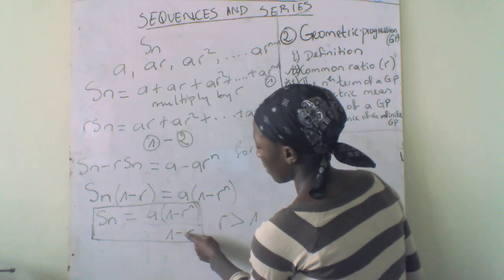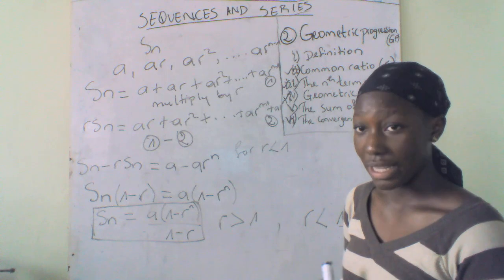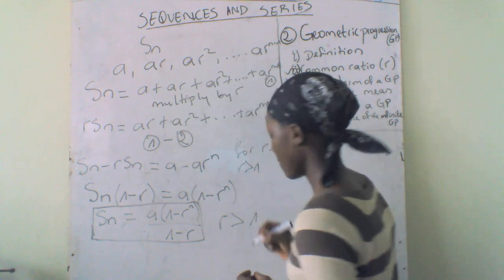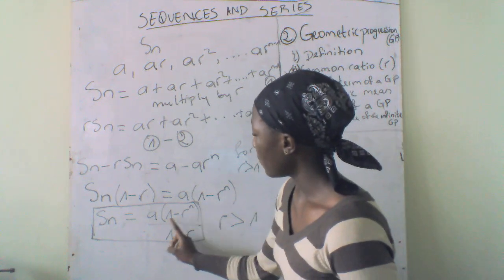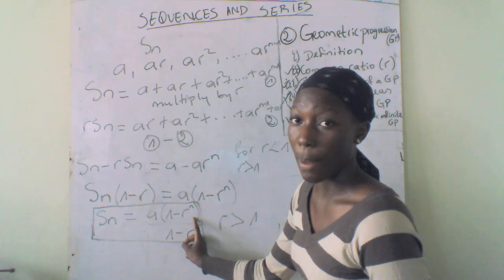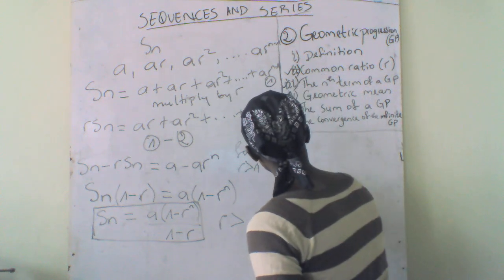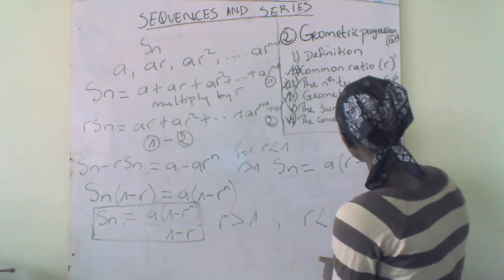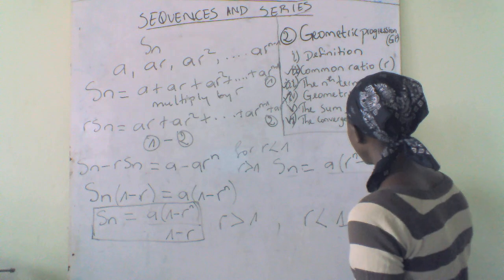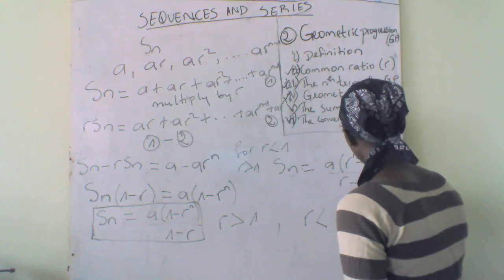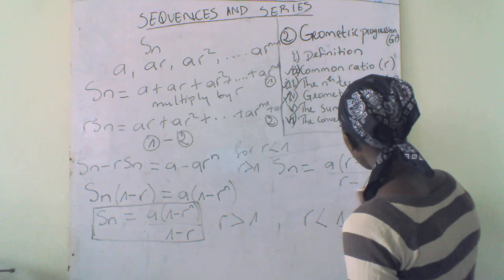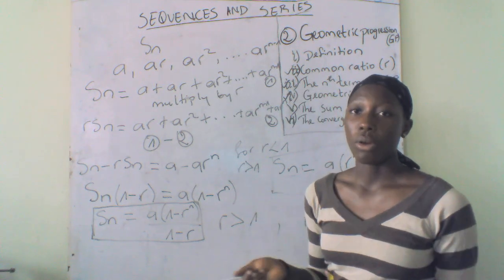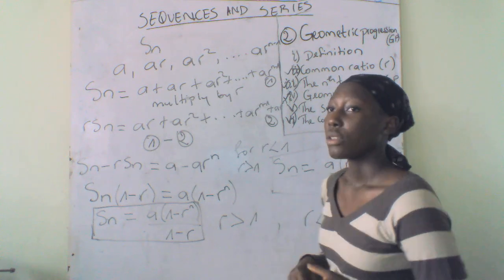But in the case where r is greater than 1, these places will exchange. Sn equals a into r^n minus 1, divided by r minus 1. Since r is greater than 1, 1 minus r^n would give us a negative number.